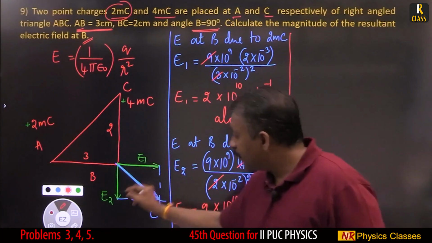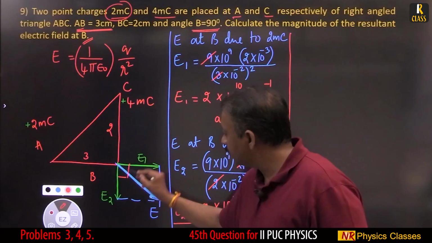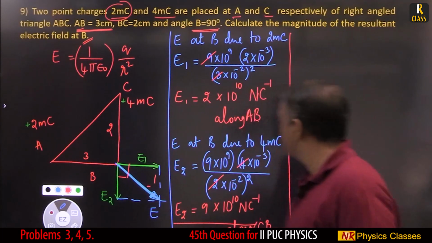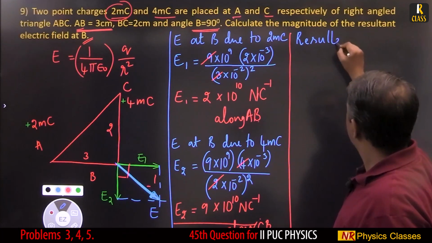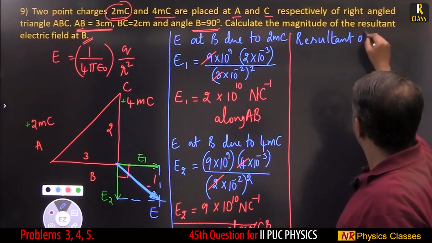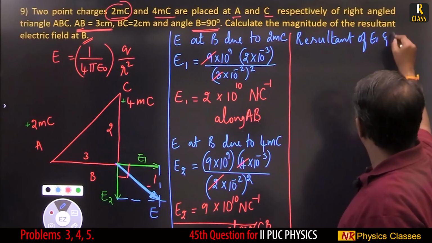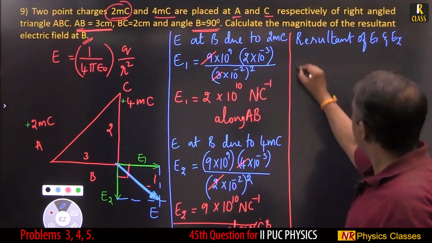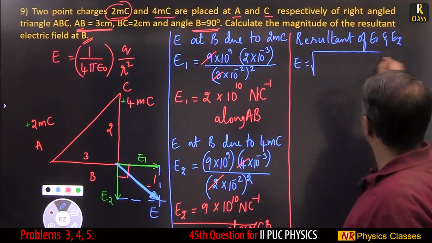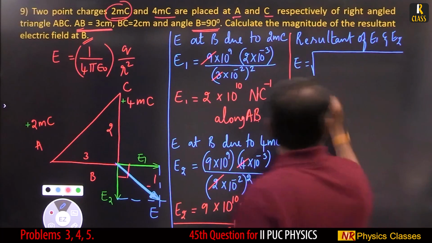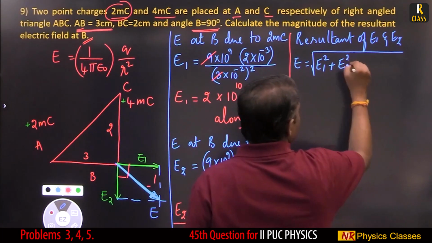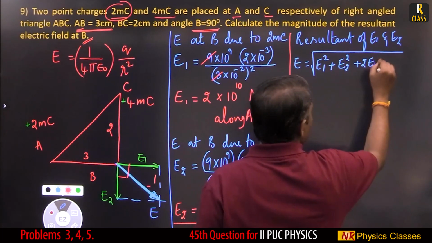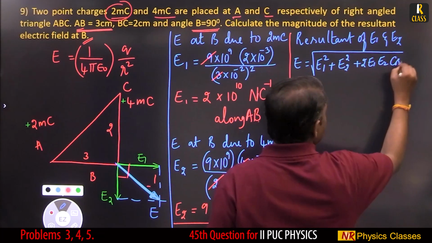Now the resultant of E1 and E2. The angle between them is 90. Okay, so the resultant E equal to root of the general expression E1 square plus E2 square plus 2 E1 E2 cos theta.